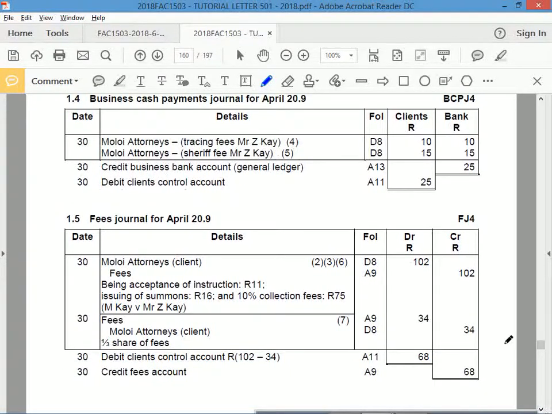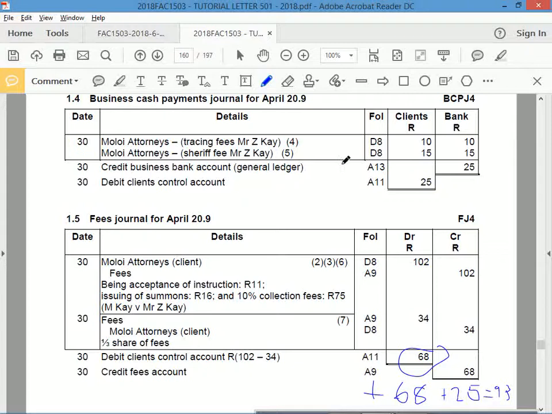This is 68. 68 plus 25 is 93. There it is. So we need the fees and we need the business cash payments journal.